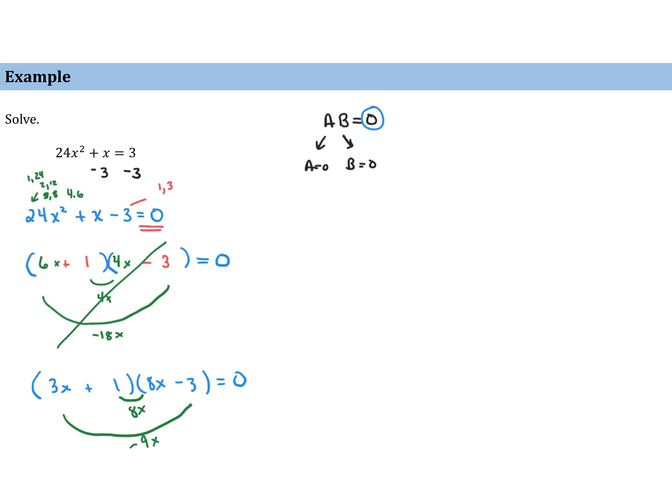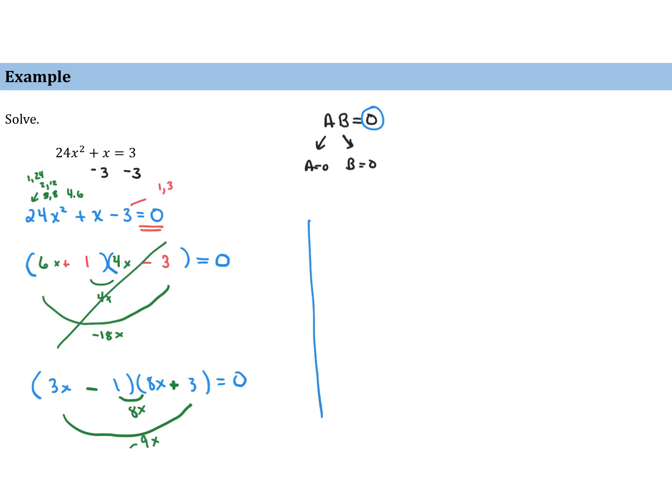When that occurs, do you remember what we do? We switch the middle signs. So this will be negative and this will be a plus. And now it should be appropriate.